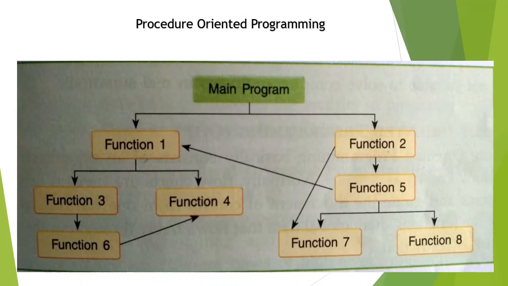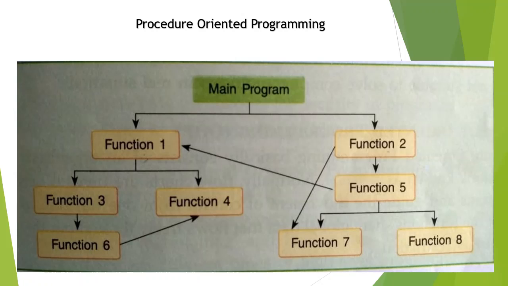The next one is procedure-oriented programming languages. What is procedure-oriented programming? It consists of a list of instructions for the computer to follow. These instructions are organized into groups called functions.